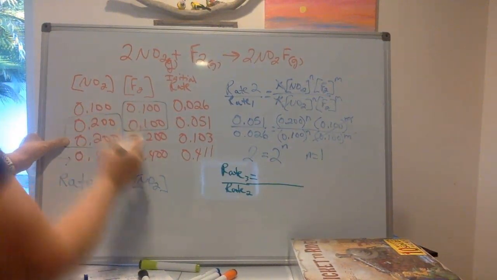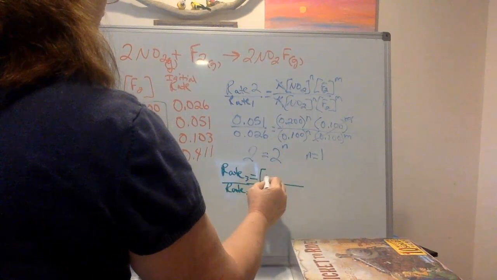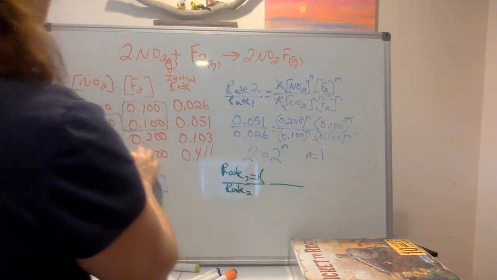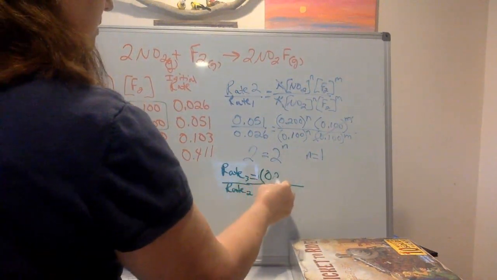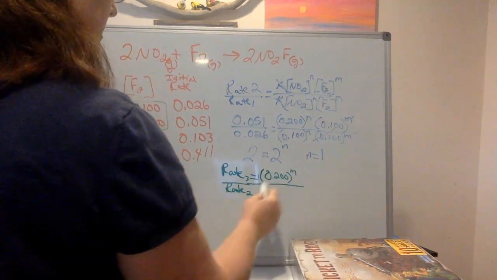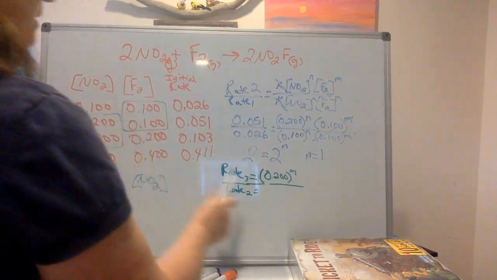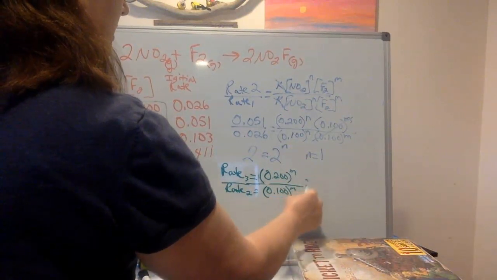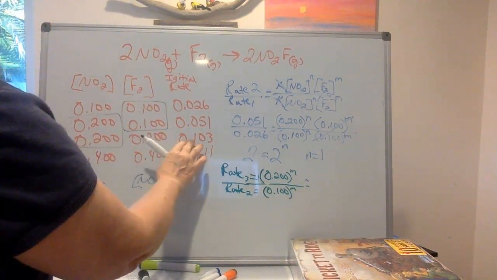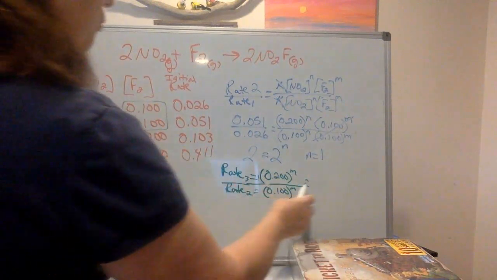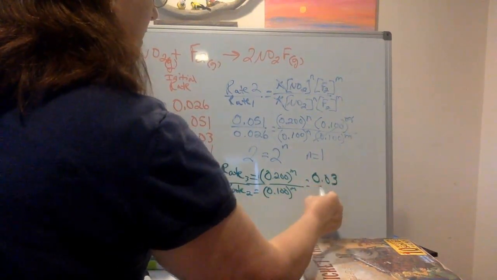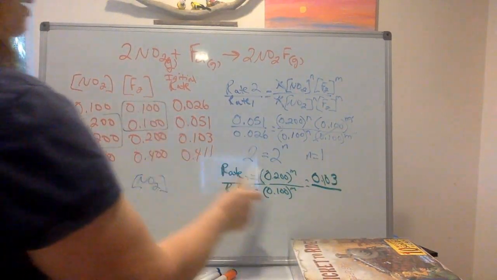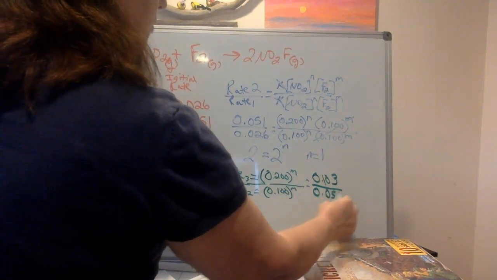I'm just going to write the F2. The concentration of F2 in rate 3 is 0.2 to the m, and for rate 2, it's 0.1 to the m. I know that the rate for 3 is 0.103, and the rate for 2 is 0.051.